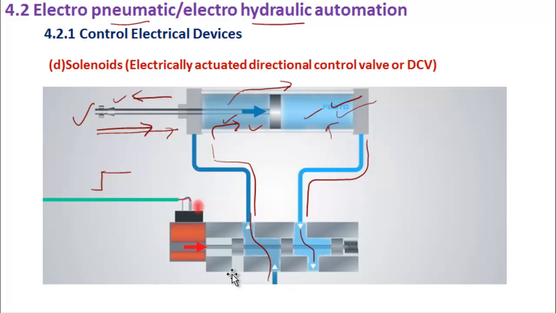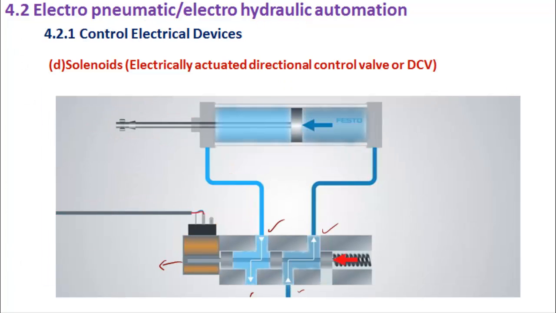You should see here, there are three openings here. Am I correct? This is the first opening, this is the second opening, this is the third opening. Where is the pressurized air coming? The pressurized air is coming only in the center port. Here also there are three openings. This is the first opening, this is the second opening, this is the third opening, and the pressurized air is coming through the middle port itself.